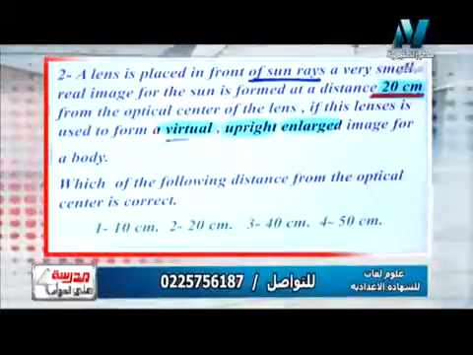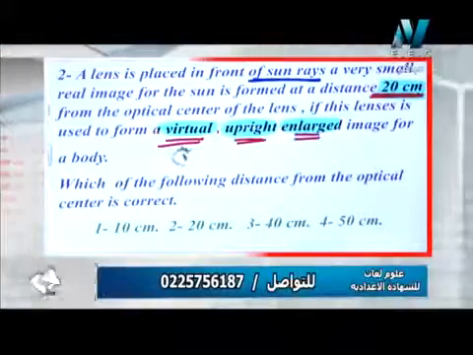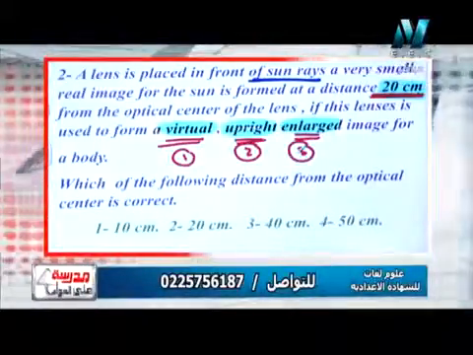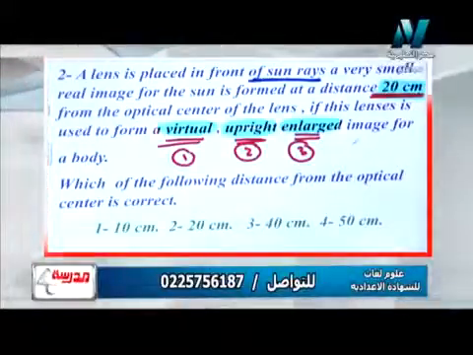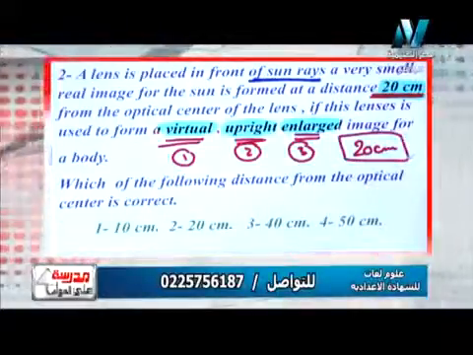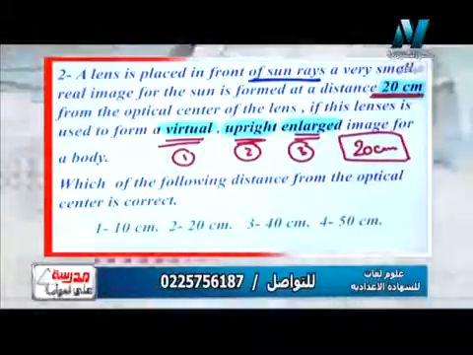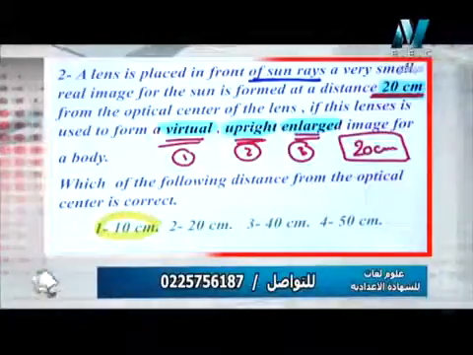To obtain virtual upright and enlarged image here, we should put the object at distance less than 20 centimeters. So we will choose what from these choices here? We will choose 10 centimeters because 20, no.